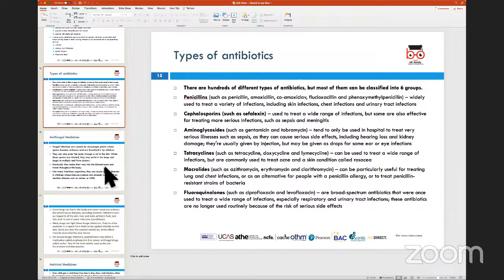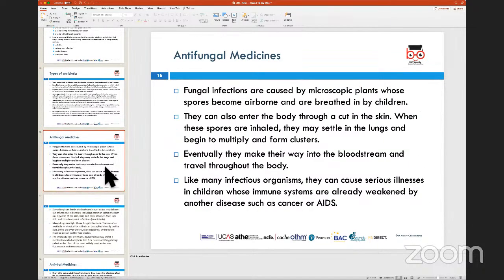Okay. Then we look at antifungal medication. These antifungal medications tend to be given to children or adults when we are having fungal infections or diseases which spread through fungi, and they can be given into the bloodstream directly and travel throughout the body.